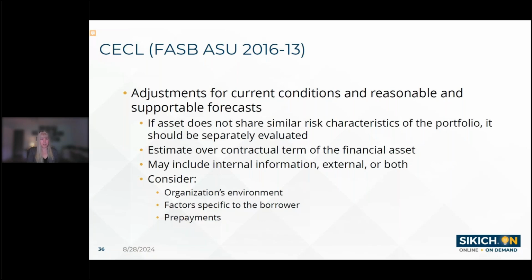So as an example, if management is trying to estimate the allowance for credit losses on tuition receivable, they may consider factors such as graduation rates, job placement rates, and unemployment rates as metrics that may go into their supportable forecast going forward, because they relate specifically to what the expectation is that the students will be able to repay their tuition receivable.